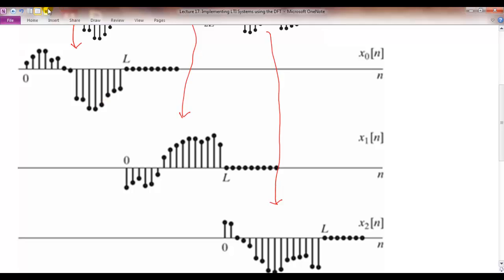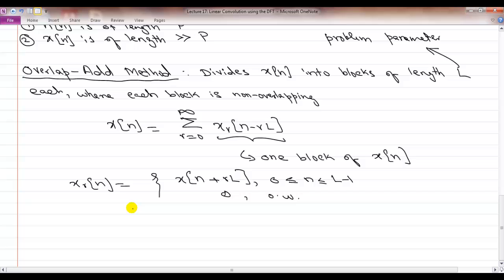So let's go back to the formulation. If my x[n] is written as this concatenation of these blocks, each of length L, then my y[n], which is what I want, of course that is x[n] convolution with h[n], but I can now write this x[n] in terms of the blocks.